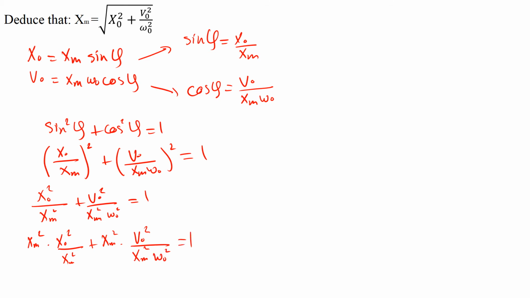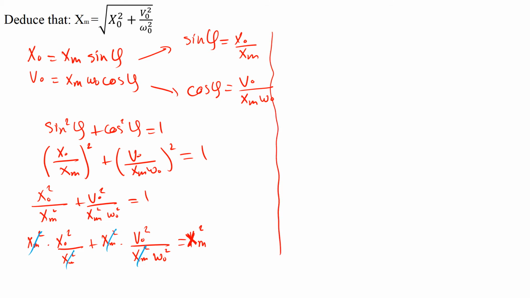Now we will cross out some factors. Xm squared crosses out with xm squared. Same thing goes there. I made a mistake, I will fix it now. This is not 1, this is xm squared. Xm squared times 1 is xm squared.